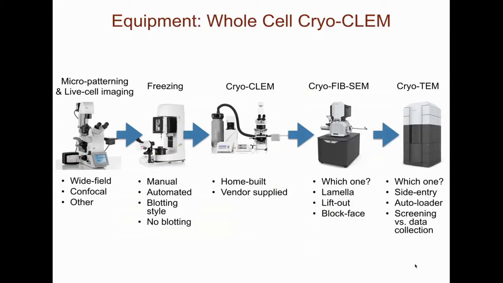There are many options available for equipment, and decisions regarding the systems to purchase and use depend on many experimental factors that are generally determined during the initial development of a project and refined over the course of the investigation. For the ideal and highly automated cryo-CLEM workflow, one will need access to live cell imaging systems, a plunge freezer, a cryo-CLEM microscope, a cryo-FLM for sample thinning, and a cryo-TEM.